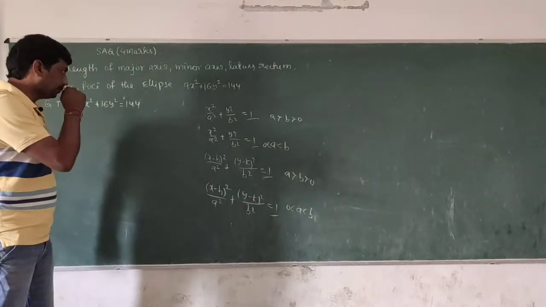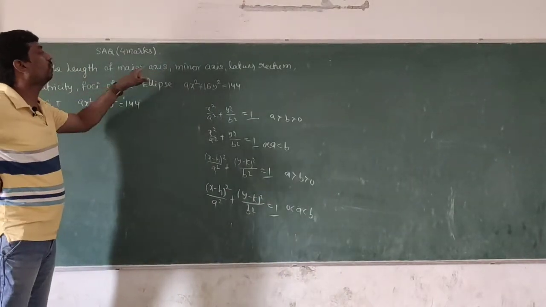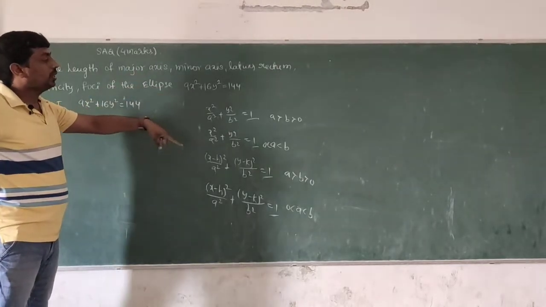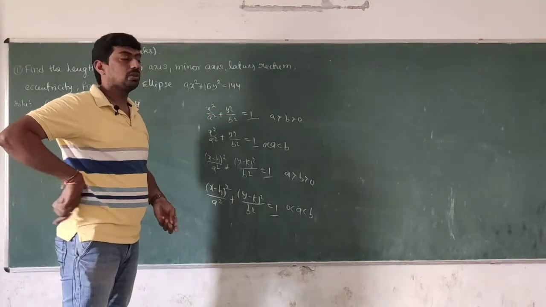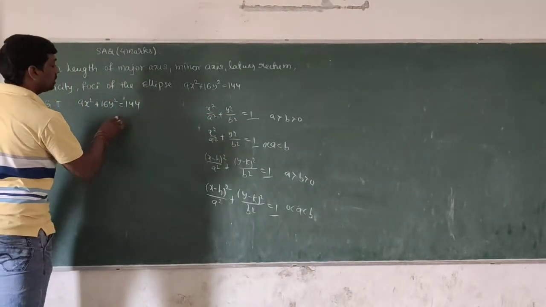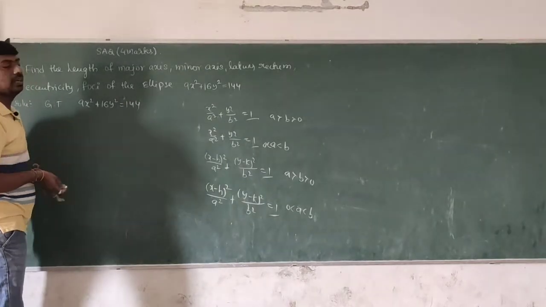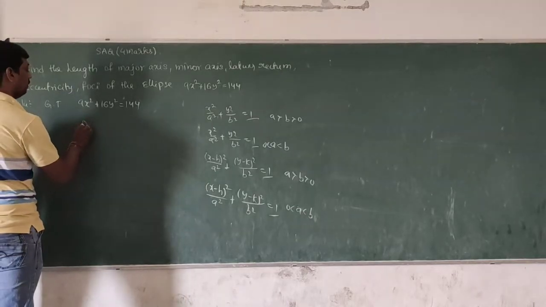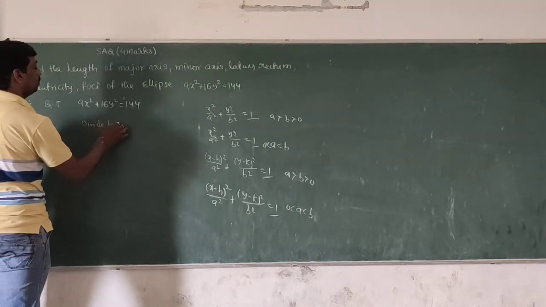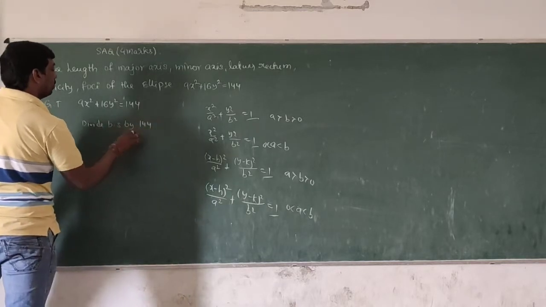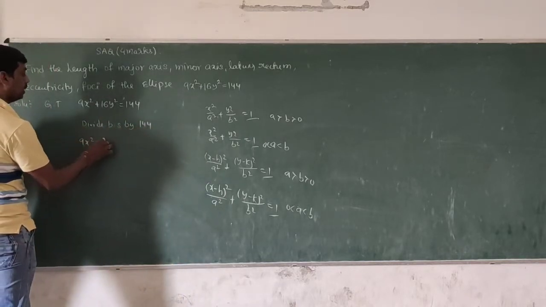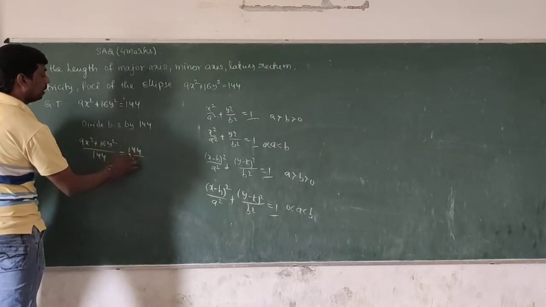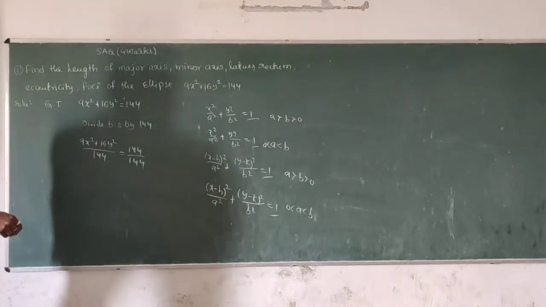So in order to find each and every one of these which are asked in the question, we need to change the RHS to 1. So that's why divide here. What is RHS here? 144. In order to get 1 in the RHS, we need to divide both sides by 144. So 9x square plus 16y square by 144 equal to 144 by 144.